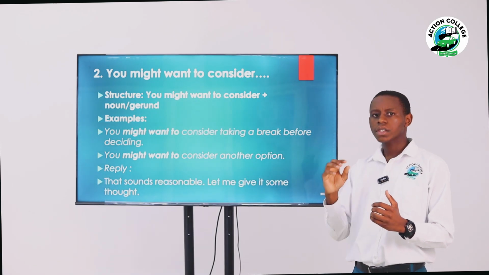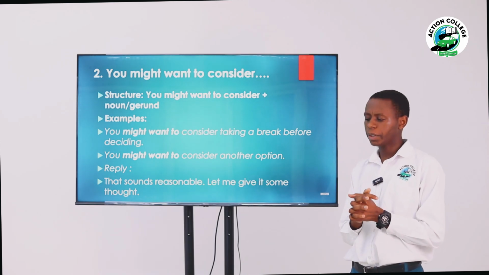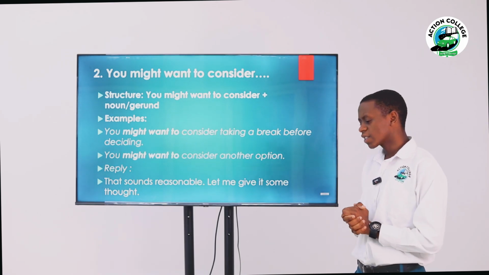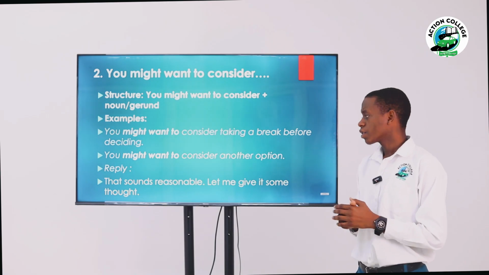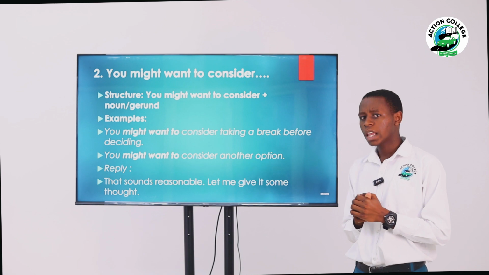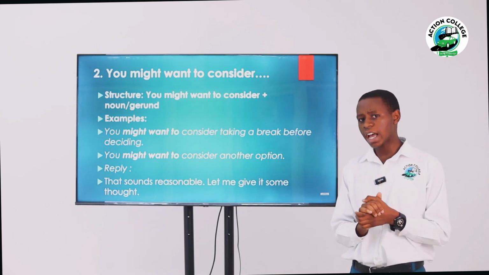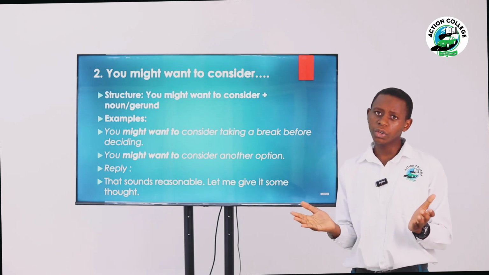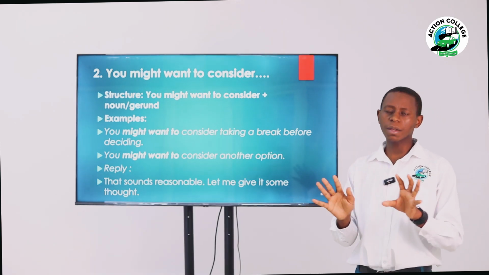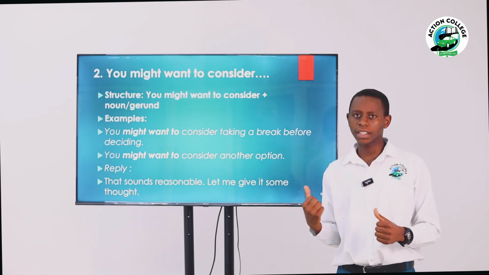You can use this way of replying. You can say, that sounds reasonable. Or let me give it some thought. So if you're using this, of course, this means that you thought that the advice someone gave you is very nice. If you think that it is good, you can use this way of replying.